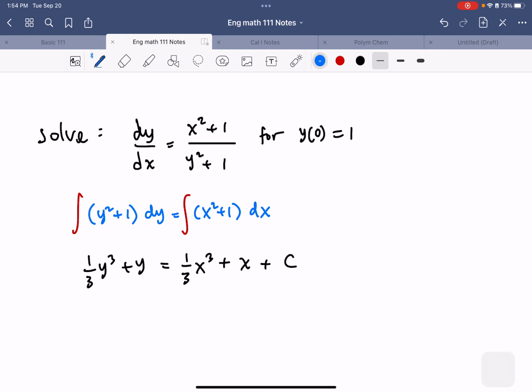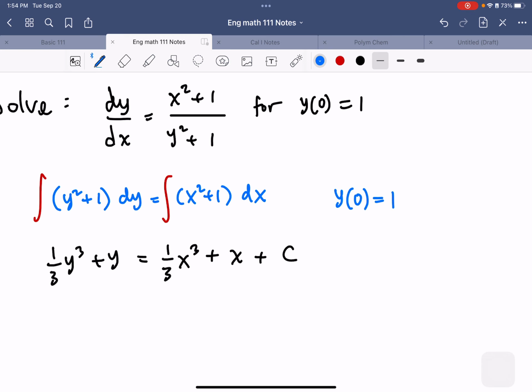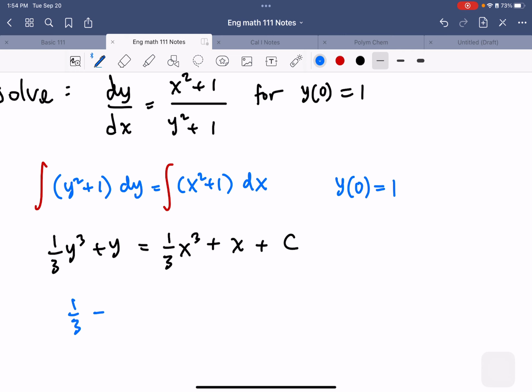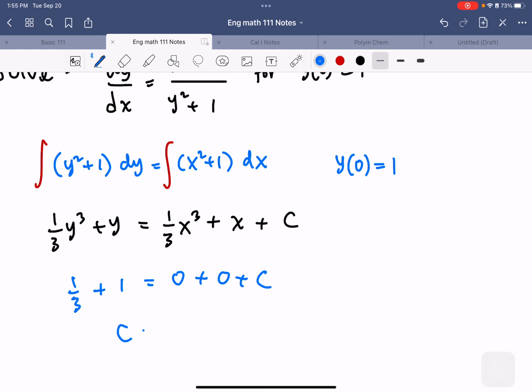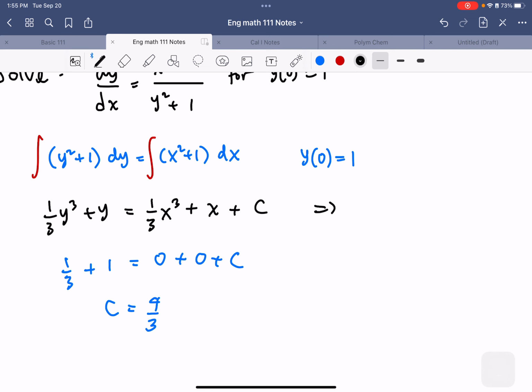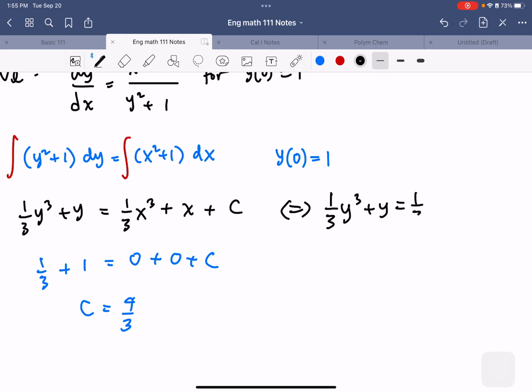And we have the condition that when x is 0, y is 1. So 1 over 3 plus 1 equals 0 plus 0 plus c. So c is 4 over 3. So this will be 1 over 3 y cubed plus y equals 1 over 3 x cubed plus x plus 4 over 3.